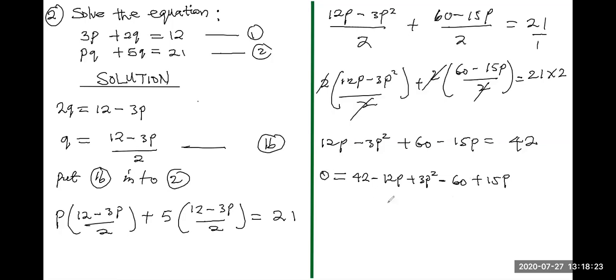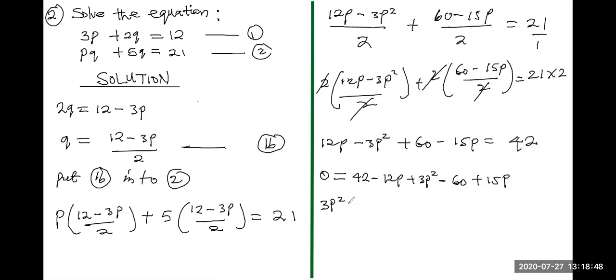So now I want to write it starting from the highest power of p descending down to the constant terms. So I'm going to have 3p square, then this is minus 12p, and this is also plus 15.